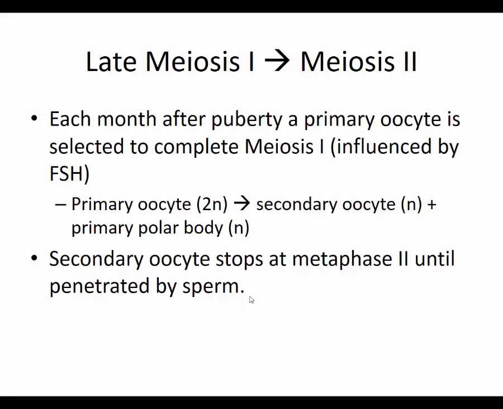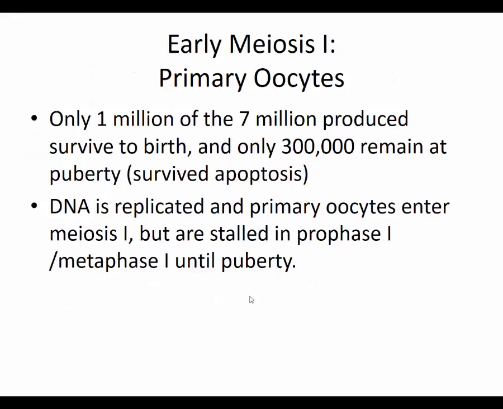Okay? So a primary oocyte is formed when? A primary oocyte is just mitosis from an oogonium.